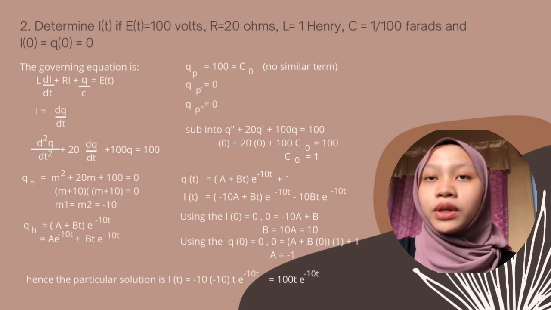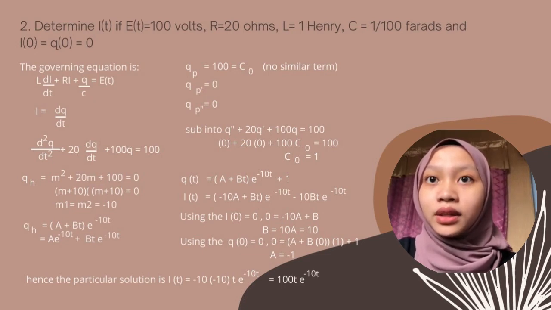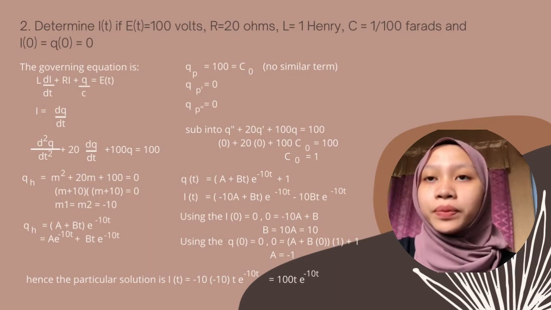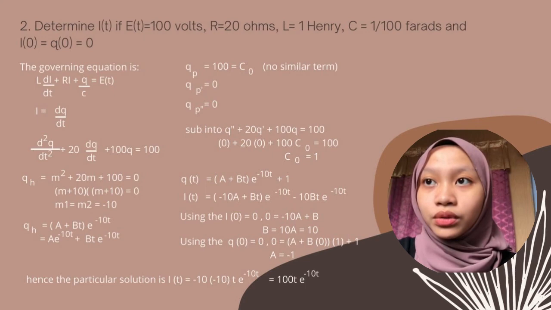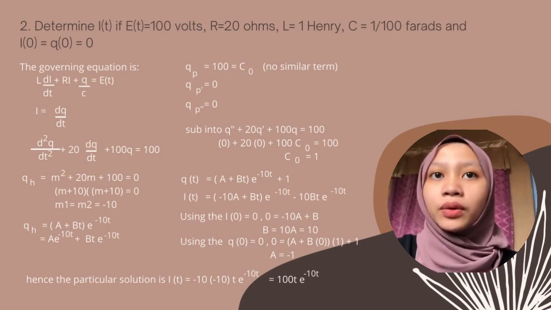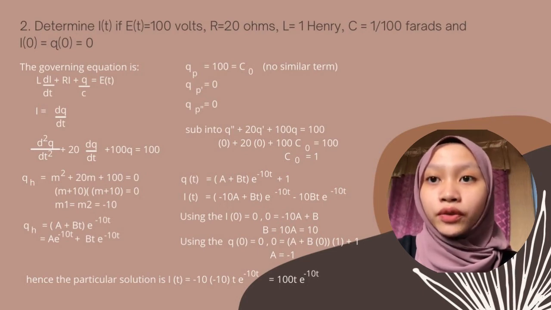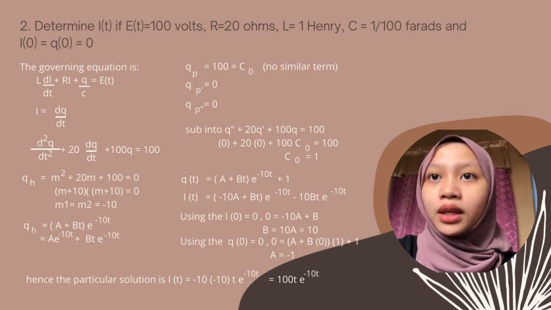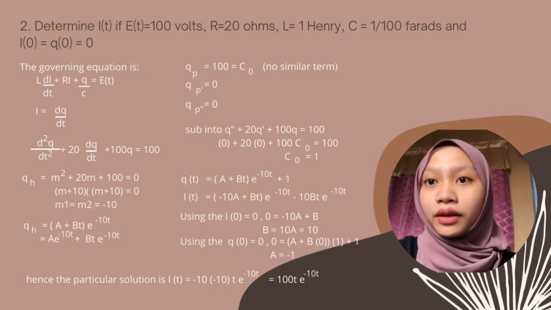So we substitute it into the i(t) equation and then we get B equal to 10. From the q(t) equation, we substitute t equal to 0 and q equal to 0 and obtain that A equals negative 1. So after substituting, the particular solution for i(t) equals 100t e to the power of negative 10t.